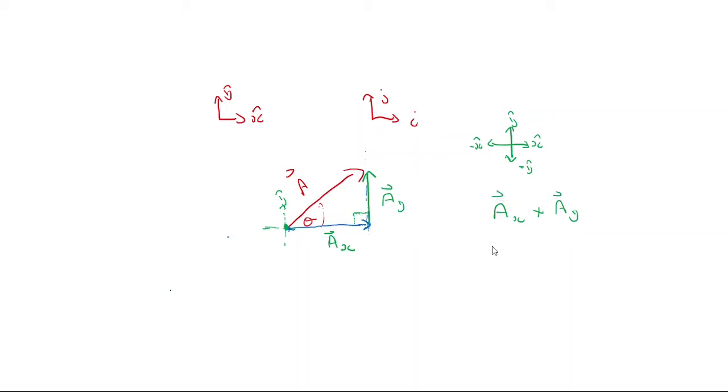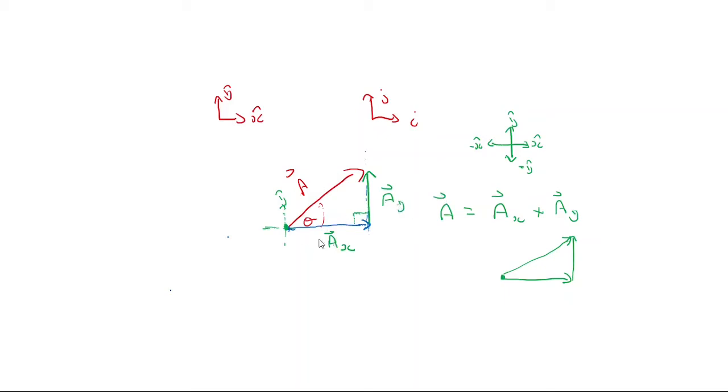I would draw ax in that way, then I would draw ay that way. Whatever I'm adding, it will start from here to here. That vector is going to be the resultant vector of these two vectors. So it looks exactly like A. So it means that this A actually is the resultant vector of these two vectors.